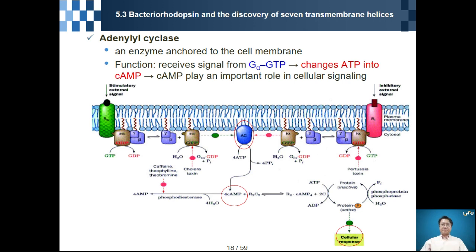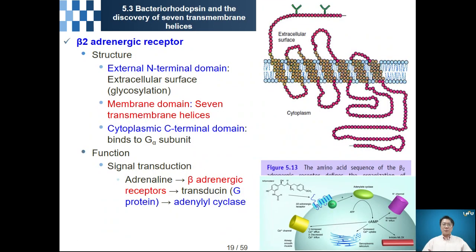Okay. In the previous slide we learned that bacterial rhodopsin and rhodopsin have 7 transmembrane helices. In this slide we will learn another protein which has 7 transmembrane helices. The name is the beta-2 adrenergic receptor.